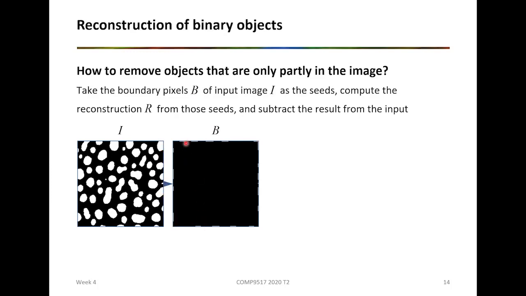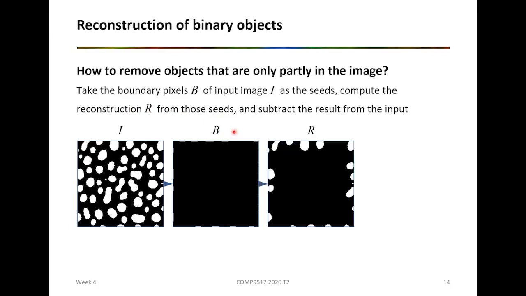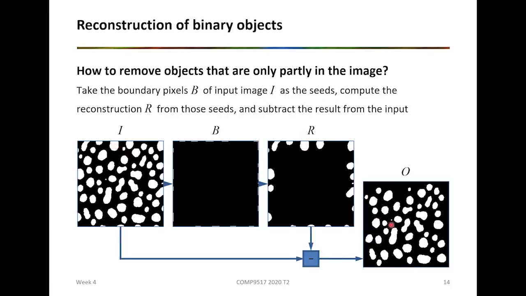We take those as seeds, and now we're going to do a reconstruction, just like we did in the previous slide. We reconstruct from these seed points the cells that are touching the boundary. Once we have this image, we can subtract it from the original set, and that will give me this output image, which has only the objects that are fully contained in the image. And now my measurements will not be biased anymore.